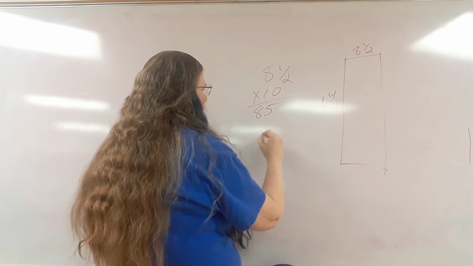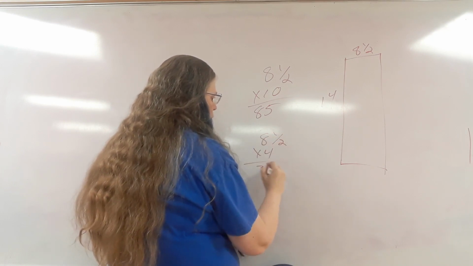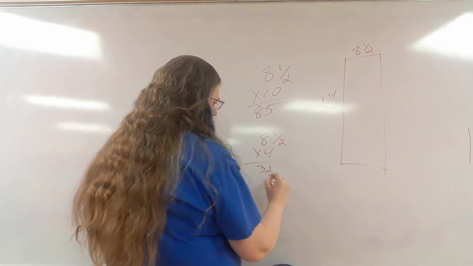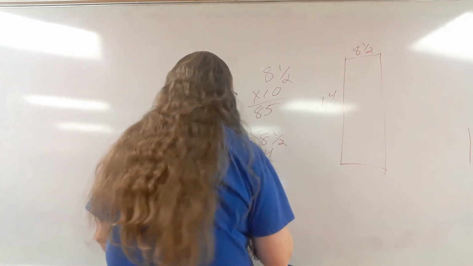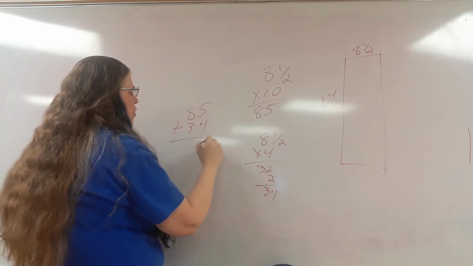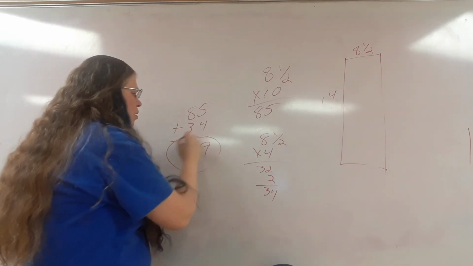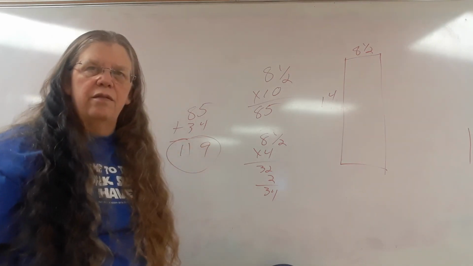So we have to have 8.5 times 4. This is 32. And then half of 4 is 2. So it's 34. 85 plus 34 is 119. 119 feet.